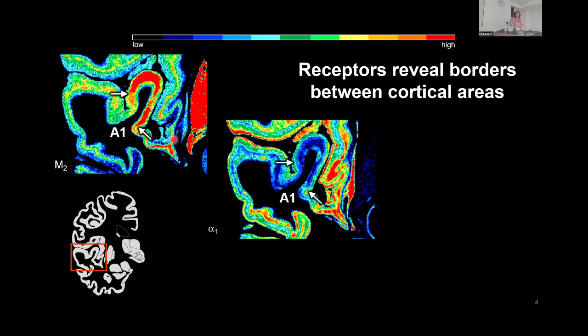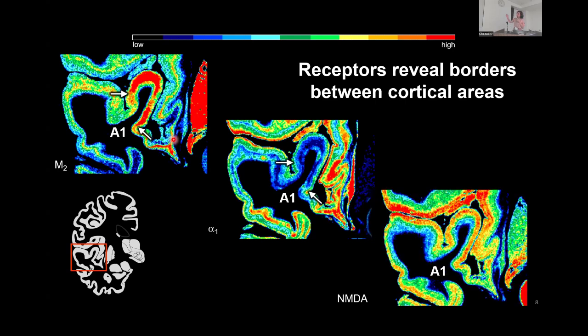So when two or more receptors show a border, it happens at a comparable macroanatomic or even mesoanatomic position, okay? But not all receptors show all possible borders. And on this slide here, I'm showing an example of NMDA, which at this position in the brain doesn't show this border, right? So this is one useful thing that receptors do for us.